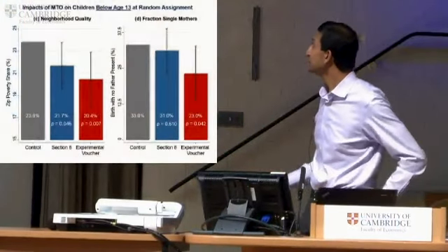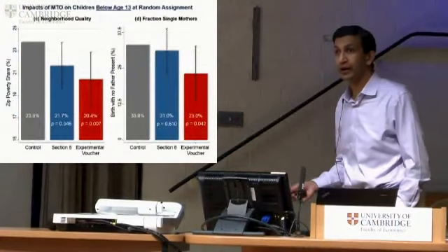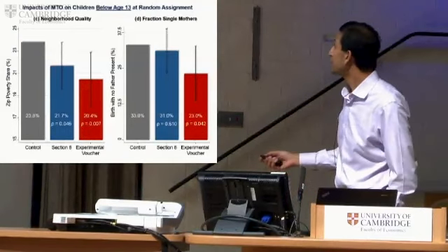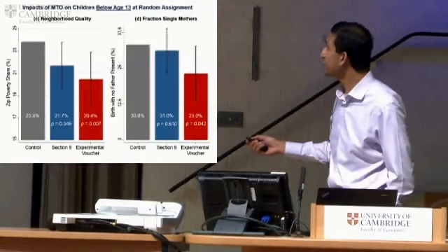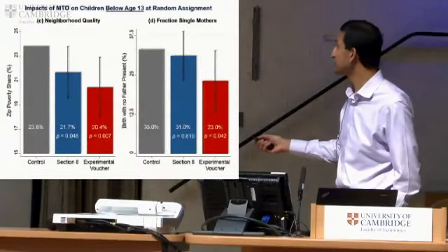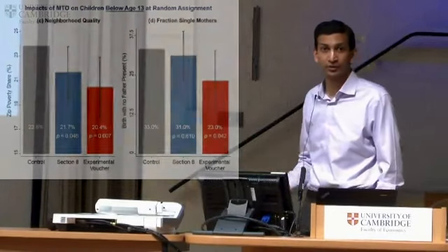Couple other outcomes. So these children, when they're adults, they themselves are living in areas with lower rates of poverty. That is, they themselves are living as adults in better neighborhoods if they are in the experimental voucher group as opposed to the control group. And that's quite intuitive. If you're earning more money, presumably you're going to be able to afford an apartment in a better area.